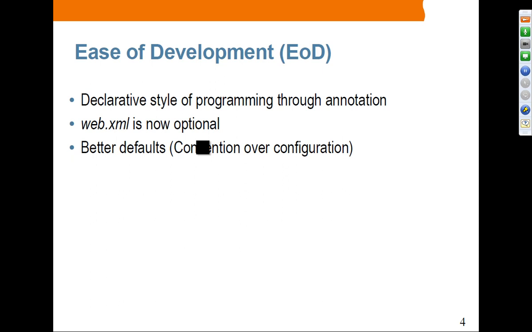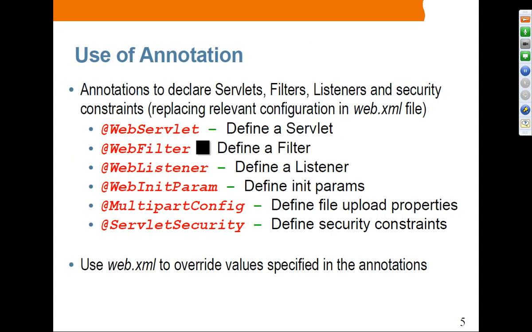Okay, so let's take a look at examples of this. The annotations introduced in Servlet 3.0 include anything that you specify in the web.xml file, which can now be specified using annotations in your source code. Okay, so that's the reason you don't have to have a web.xml file. These are the annotations that are defined in Servlet 3.0.